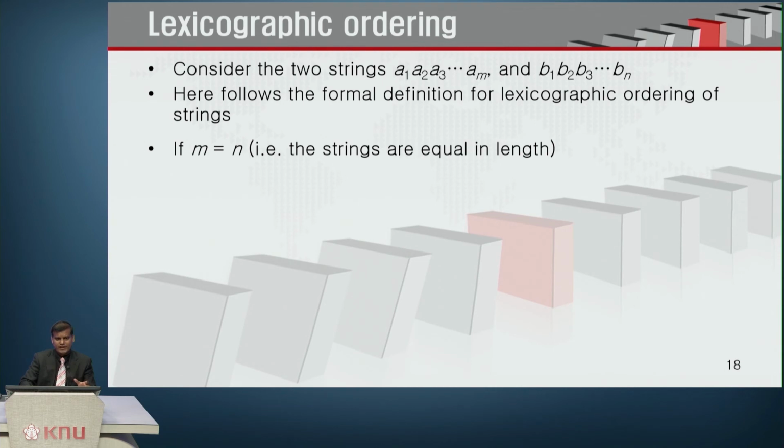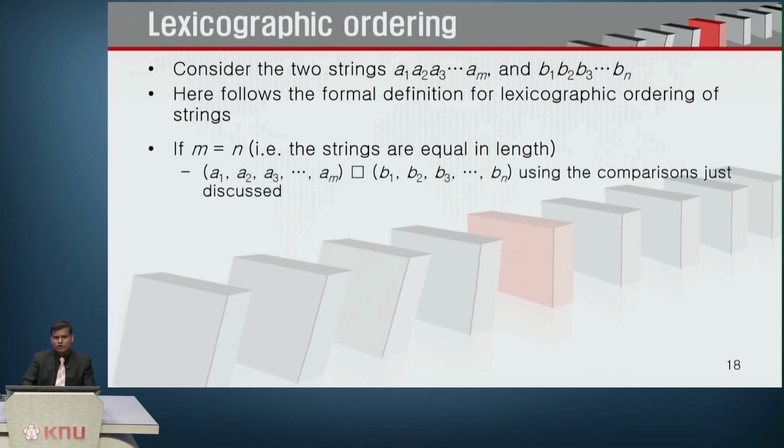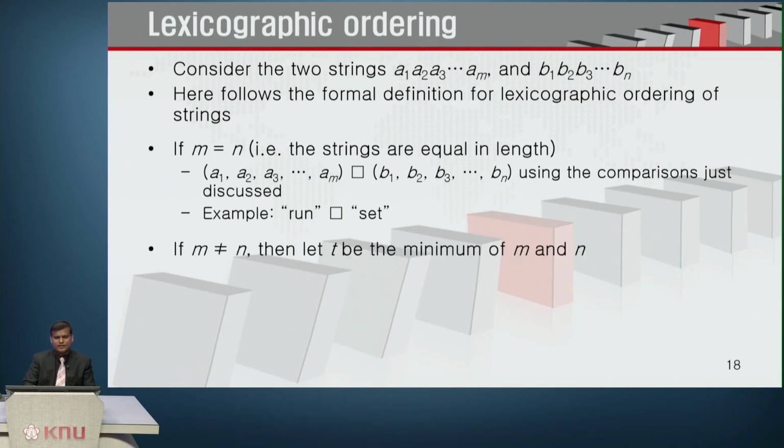If m equals n, the strings are equal in length, which is quite obvious. So we can use this comparison for discussion. For example, you have the set A and set B, and you are using this ⊑ for the relation. For example, run ⊑ set.